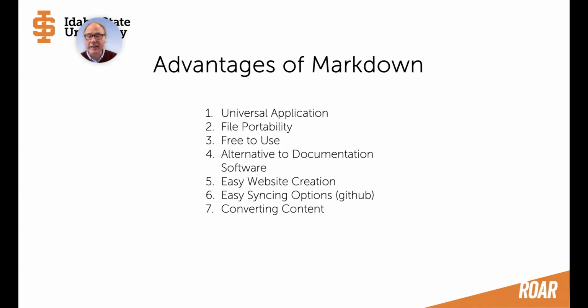Easy syncing option. I talked about GitHub, how someone can create a Markdown document in GitHub, share that document with other people, and they can work on it together using those simple formatting commands. And converting content. That's really one of the most powerful things about Markdown, is converting it to the output that you want.